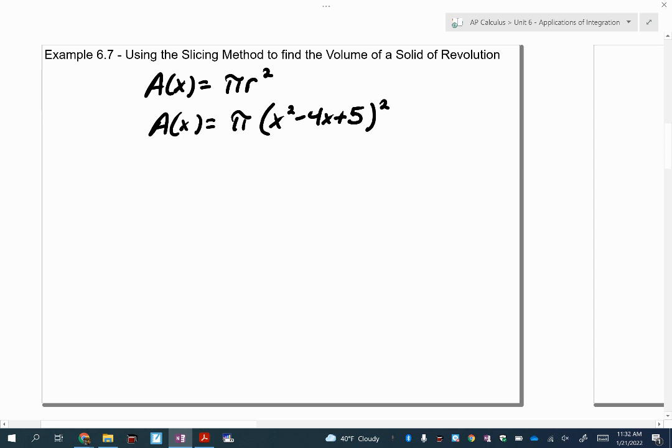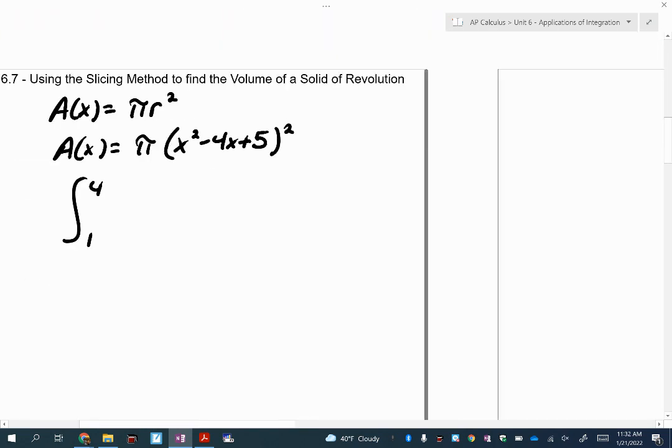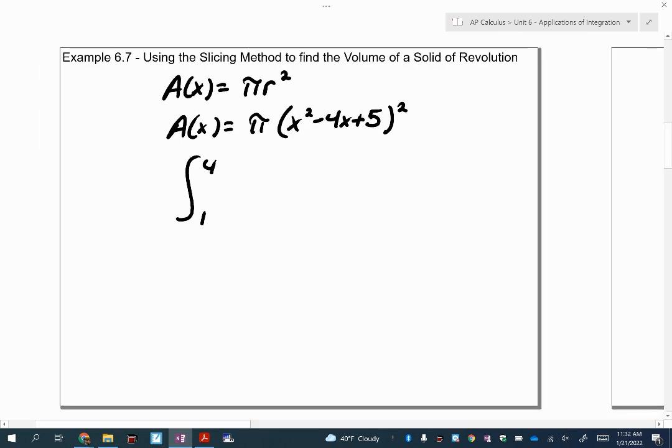So once I find this, I'm going to find the integral, because I want to find the volume. So I have to go backwards to find the volume when I have the area. I'm going to find the integral of that area between 1 and 4. I believe it's 1 and 4. Yes. Between 1 and 4 of pi times my area function.